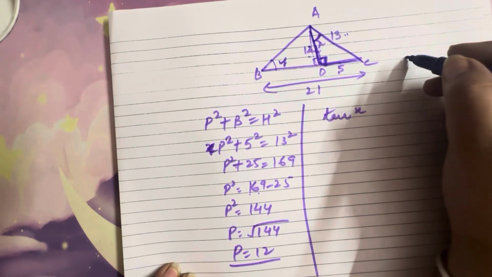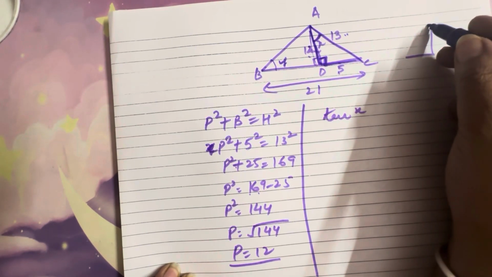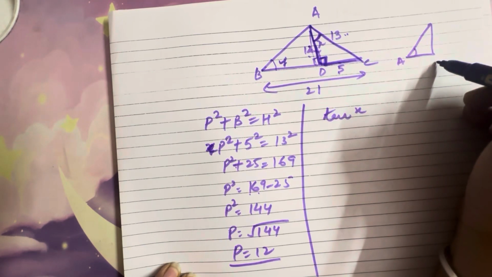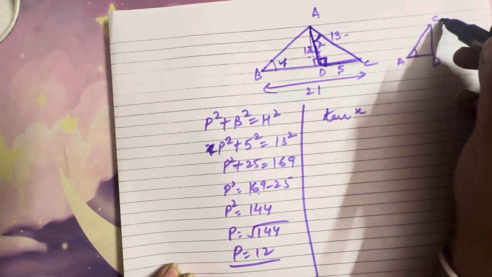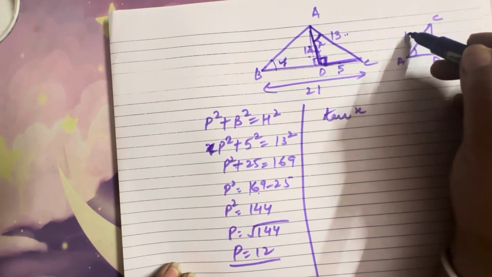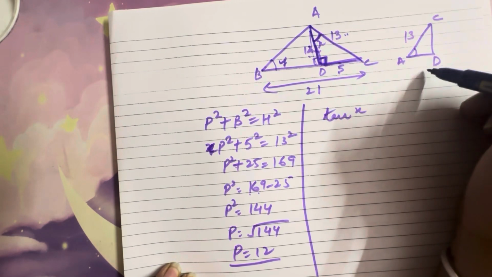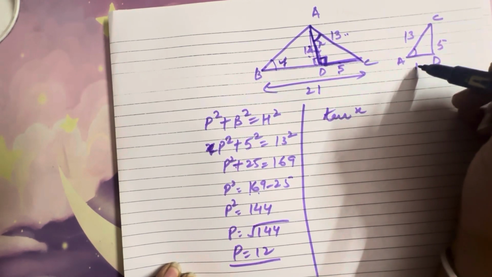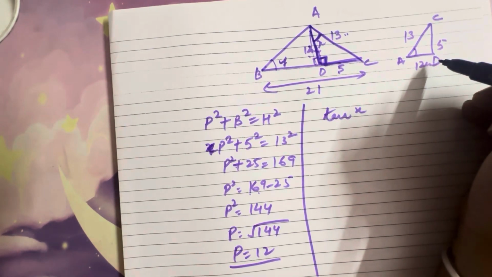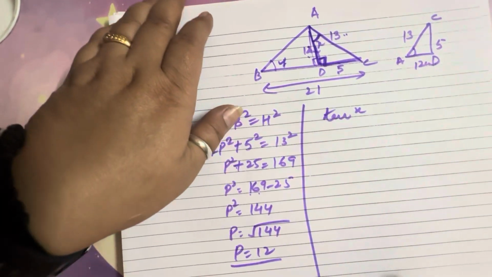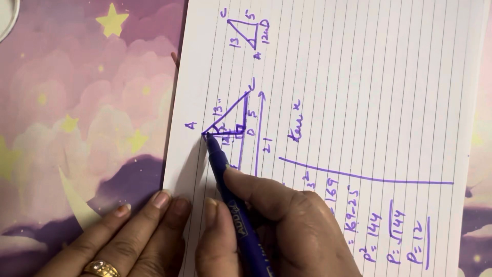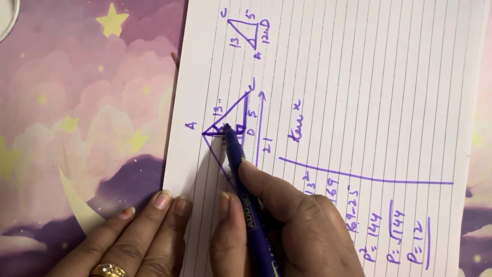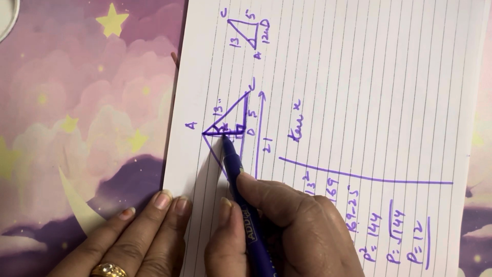Now if we draw a figure separately, this is x, so that is A, this is D and this is C. So here AC is given 13, DC is given 5 and this is given 20 centimeter. If we don't want to see it like this, we can turn our figure. This is now base, because we have to find the value of tan x.